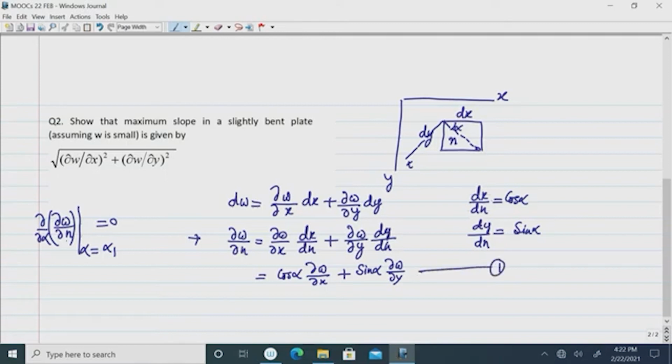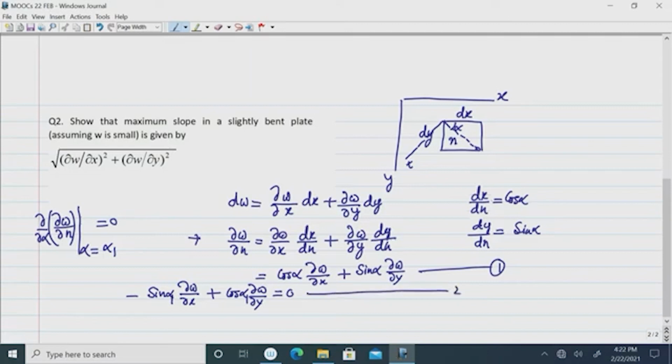If I take the partial derivative of that equation with respect to alpha, we will get sin alpha del w del x plus cos alpha del w del y equal to 0, and alpha 1 will be substituted, because I have taken a particular angle alpha equal to alpha 1, the slope will be maximum.